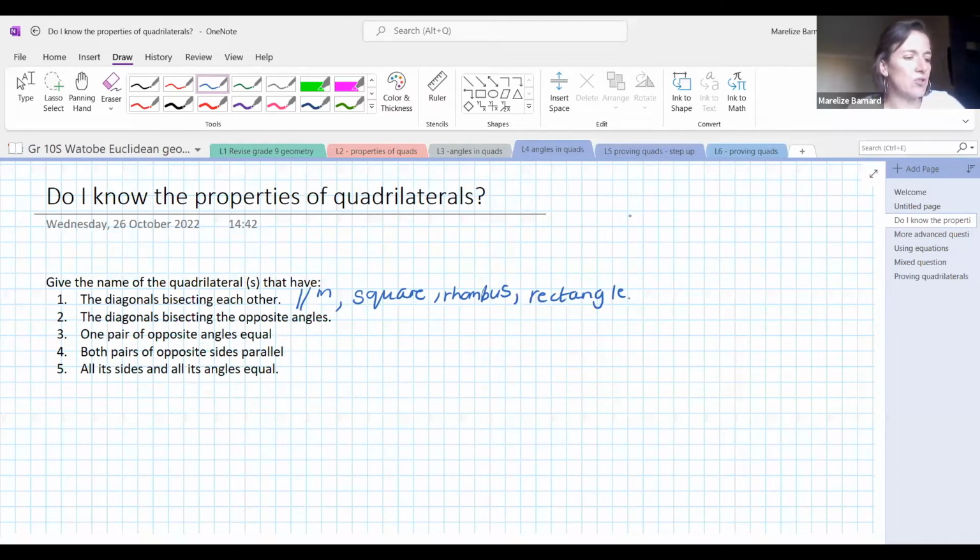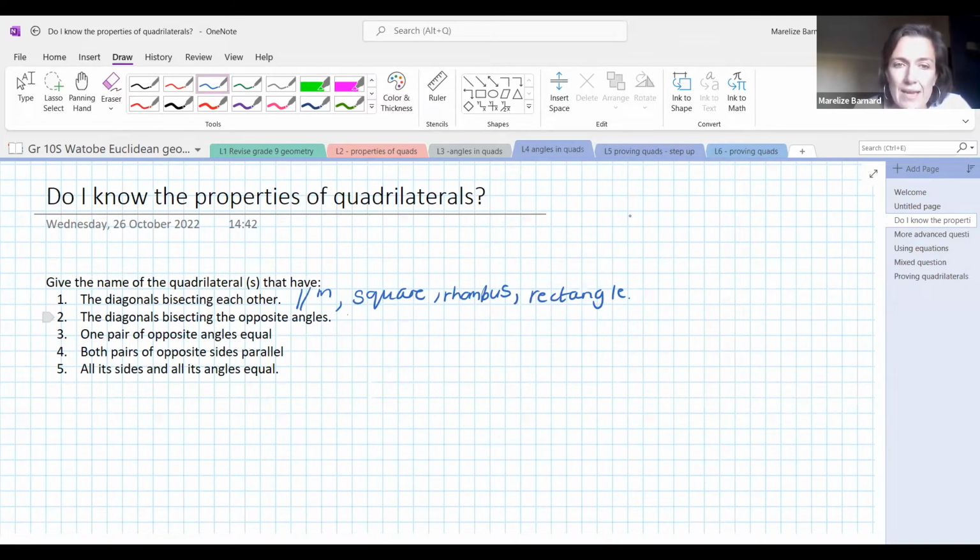For which quadrilaterals do we have that? The diagonals bisecting the opposite angles. No, Chinamiram, because the diagonals do not bisect for a kite.